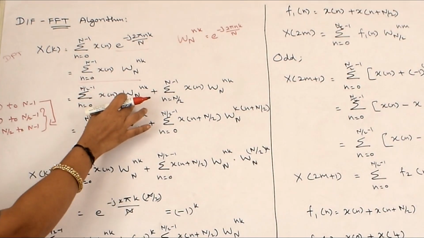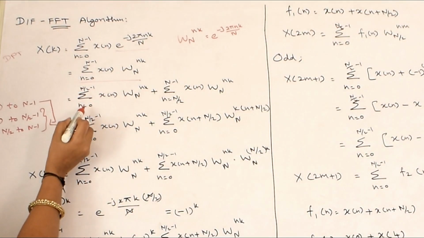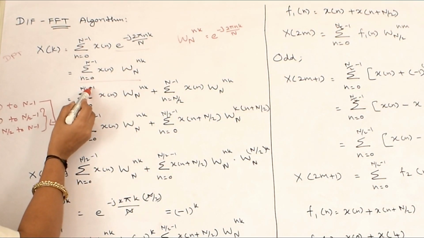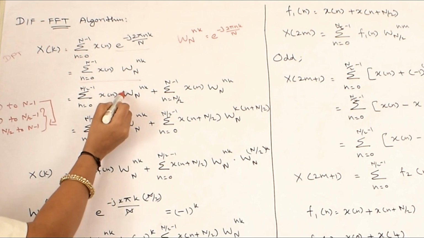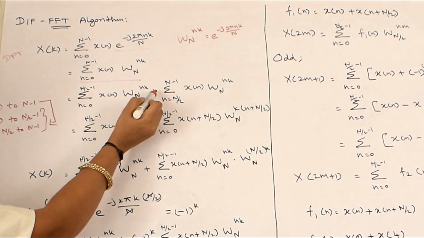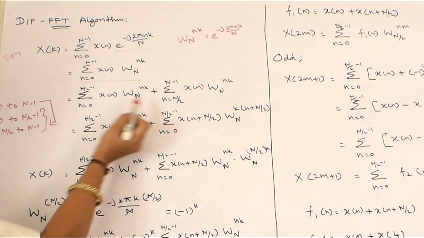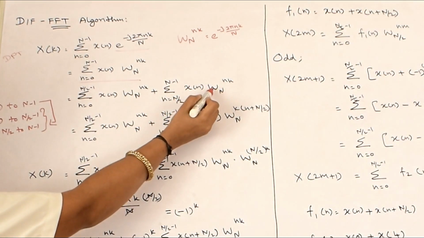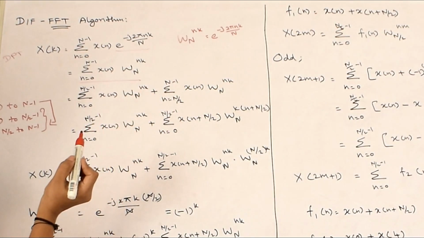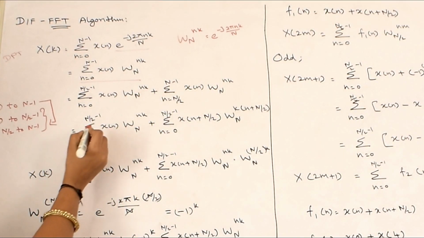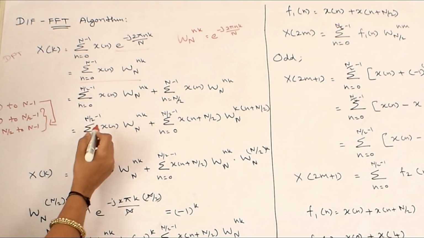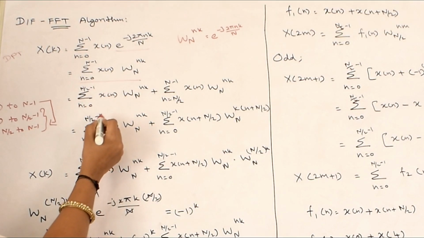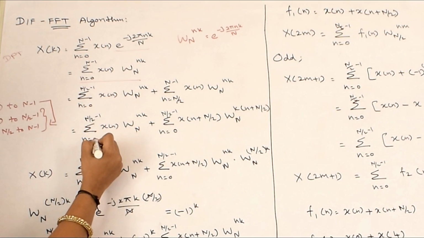I am rewriting the equation as summation n equal to 0 to N by 2 minus 1 x of n W_N power nk plus summation n equal to N by 2 to N minus 1 x of n W_N power nk.